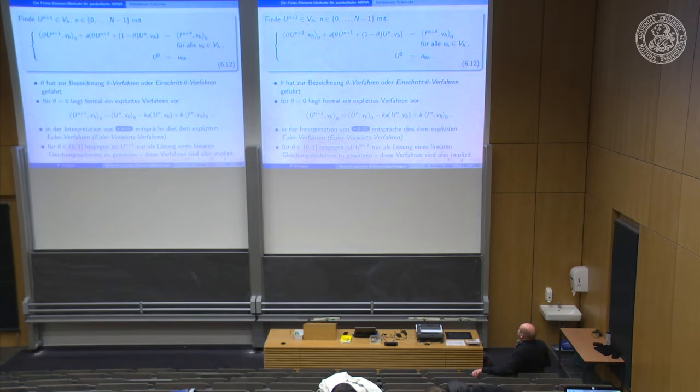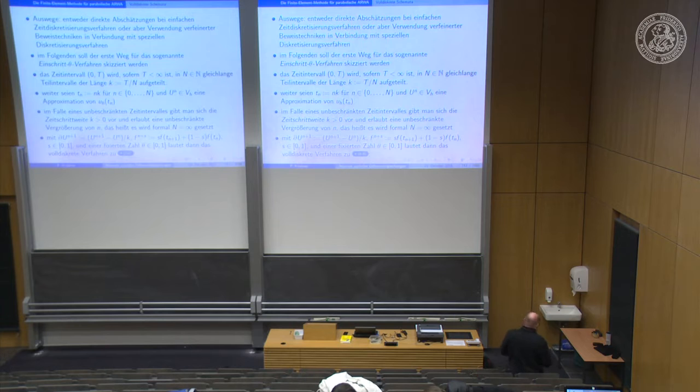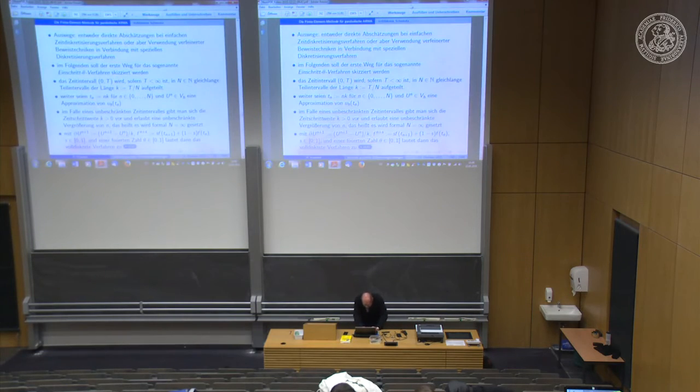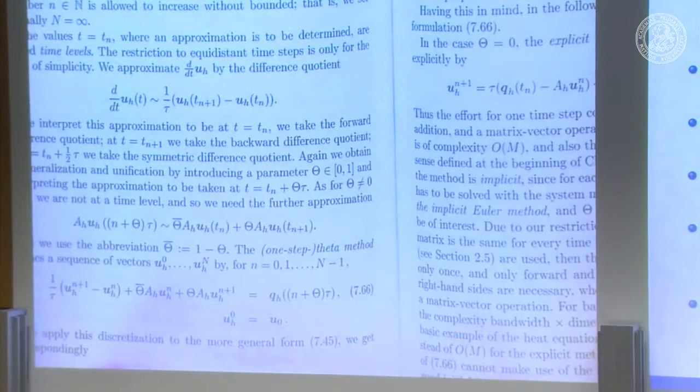Okay. This is now already the situation for the finite element case, but maybe I should start with the situation for the finite difference case. Now it's only a slight change in notation, it's exactly the same idea. So what do we do?